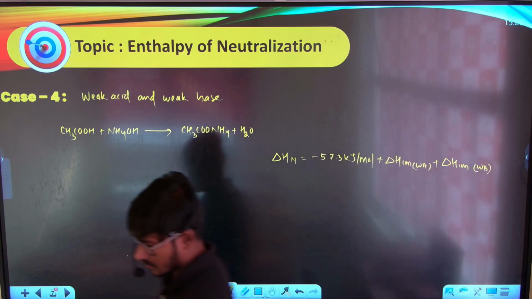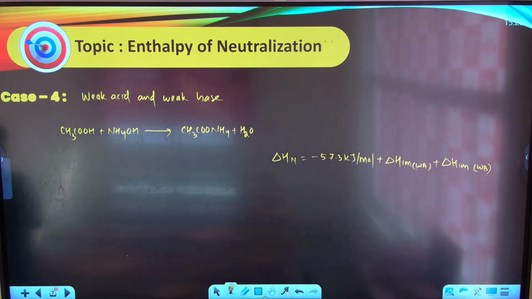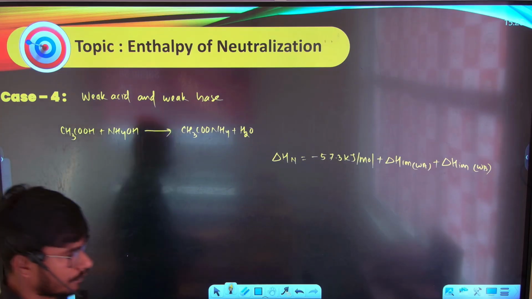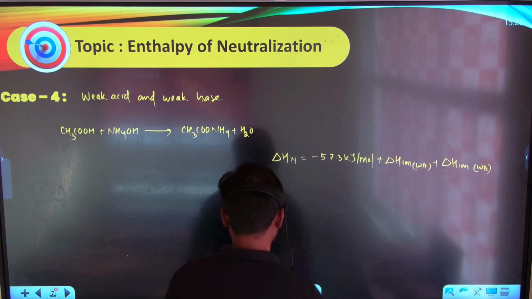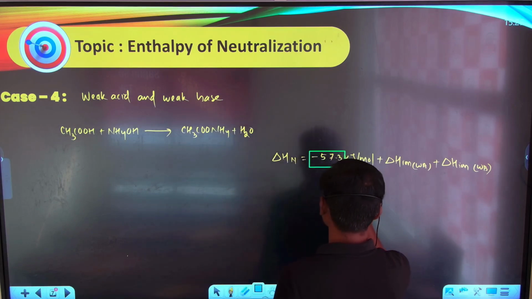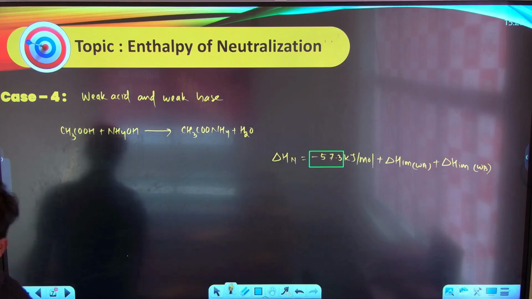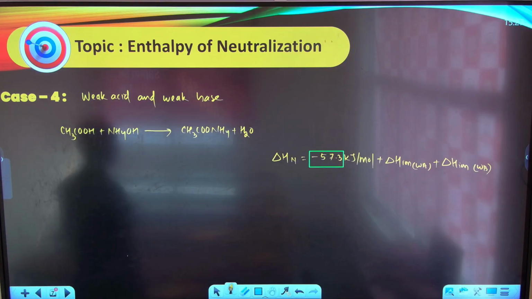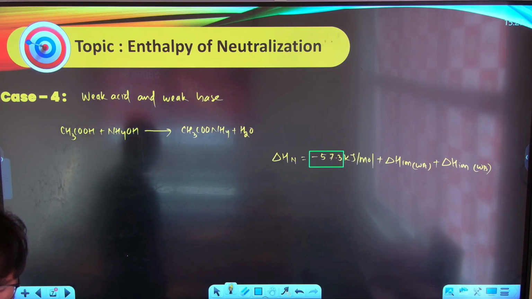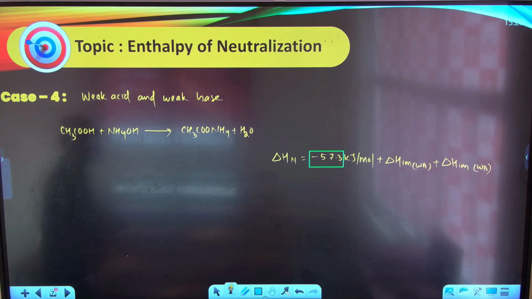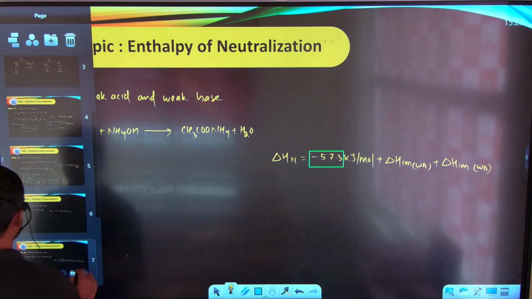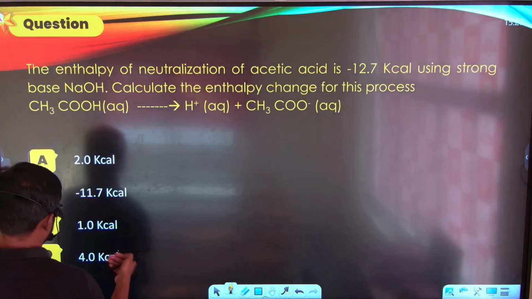So we have to remember only two values, one in the kilojoule scale and the other in the kilocalorie scale. In the kilojoule scale that is minus 57.3 kilojoule per mole. Then we add the amount of ionization that is required for a weak base or weak acid, whatever it is. Let us consider one example so we can proceed further.